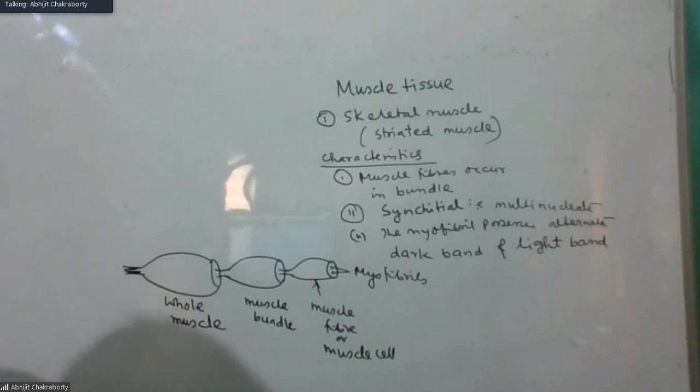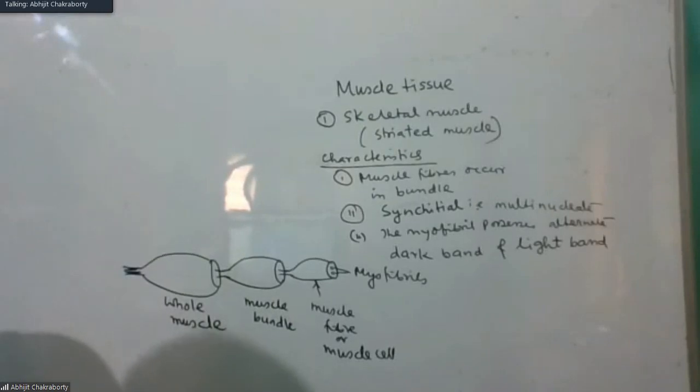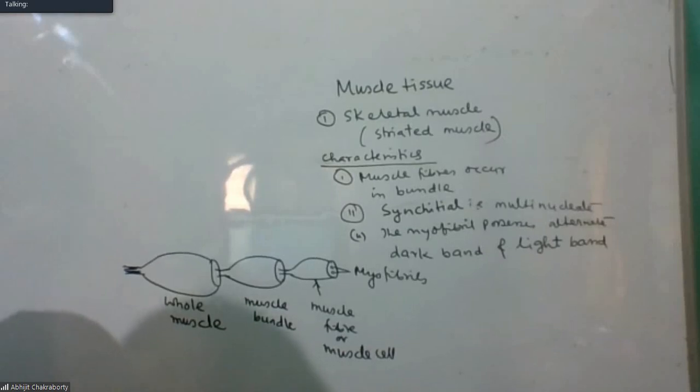The whole muscle consists of a number of muscle bundles, and each muscle bundle possesses muscle cells, and in each muscle cell you will get the myofibrils. Clear? What is myofibril?